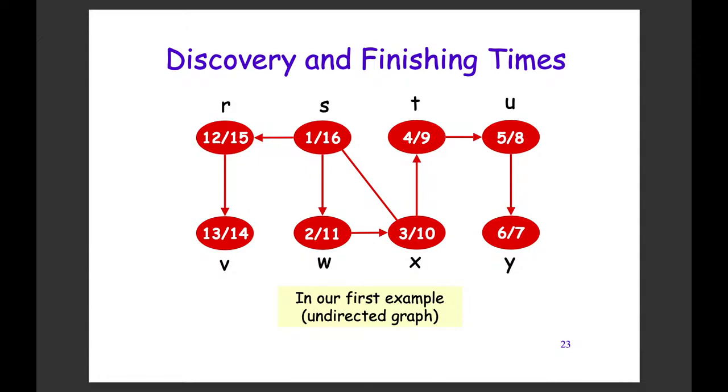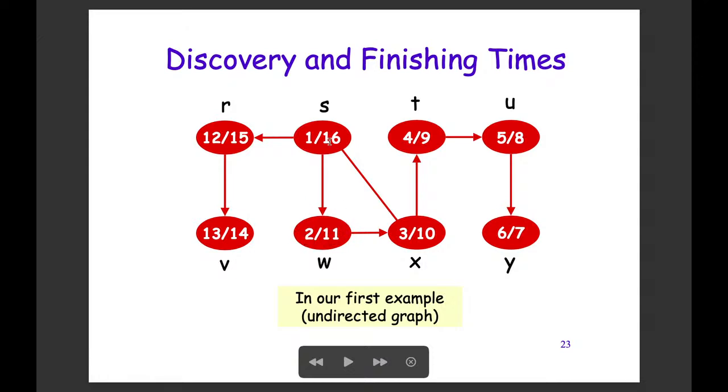Indeed, we can see that if one node discovers another node, the first node has an interval containing the second node. It is because the first node discovered the second node, so it has an earlier discovery time. But on the other hand, because this one is discovering the other one, we have to wait for this to finish the DFS search before we can finish this node.